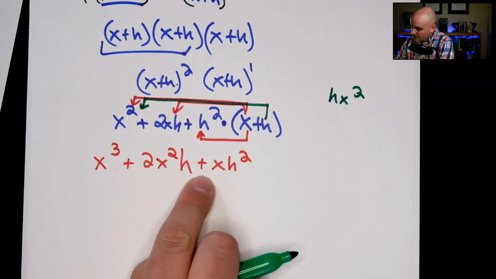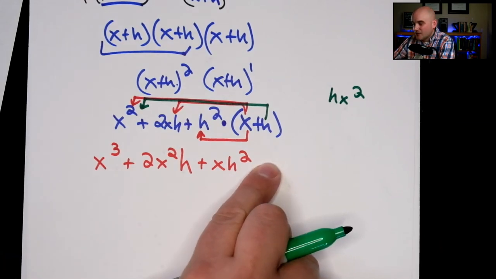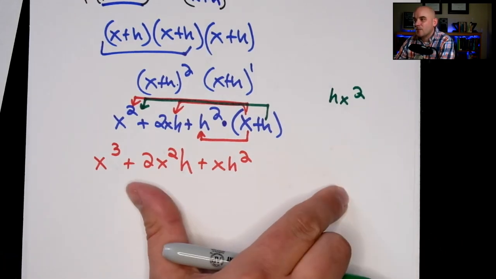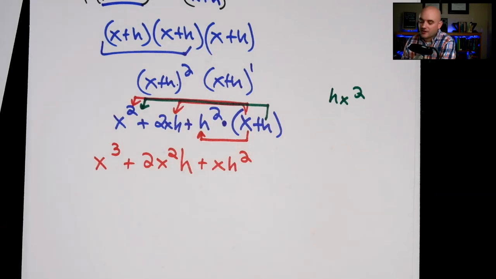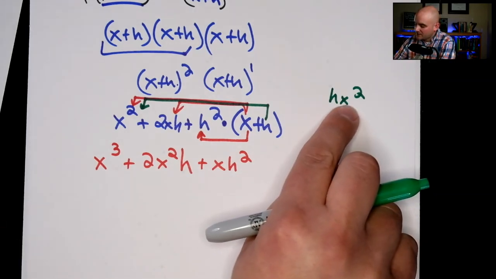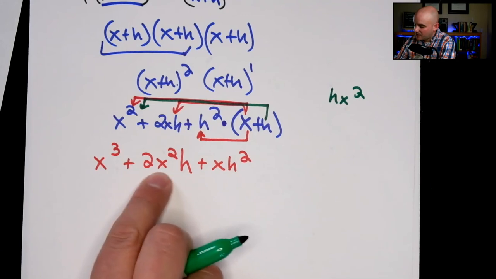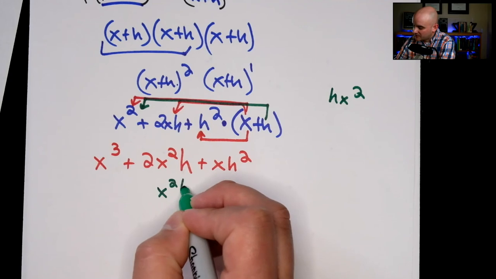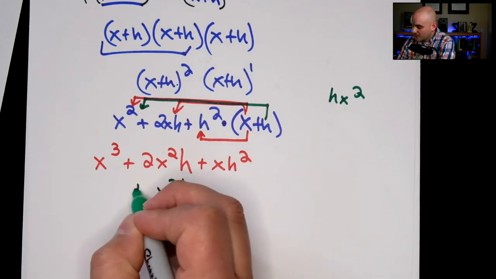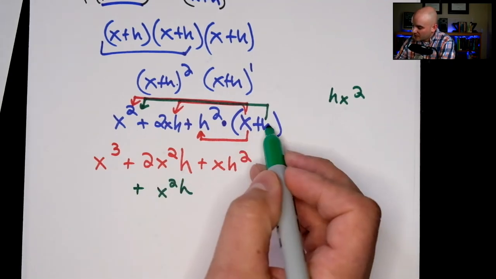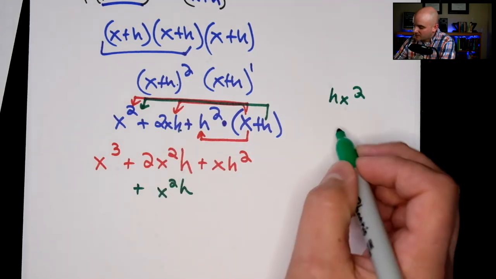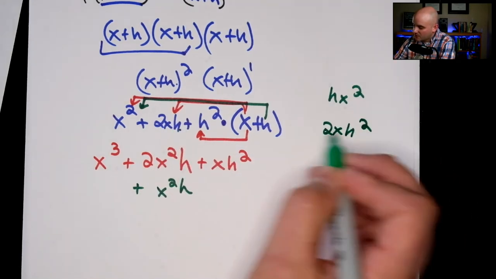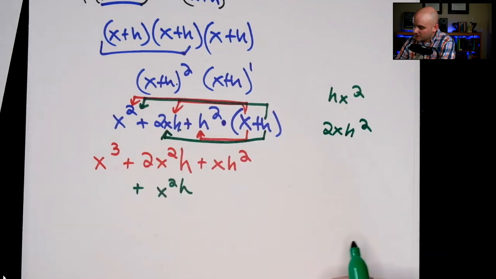And normally it's okay to write it out right here and then combine them. I think it's easier to combine the like terms if I recognize, hey, I've already got an x squared times h. I'm going to write it right below it, and that will make combining like terms a lot easier. And that's a positive. And then I'm going to say, okay, h times 2xh gives me 2xh squared. That's this times this one right there.